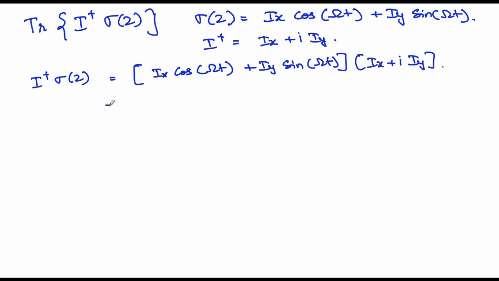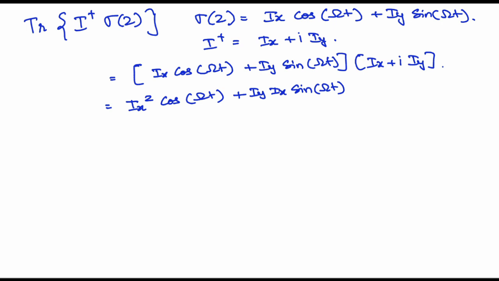So if you carefully take a product, you're going to get Ix square cos of capital omega t plus Iy Ix sine omega t. Be careful about the order of operators. I guess I'm confusing here, so let me be very careful what I write. Sigma 2 times I plus is equal to the trace of sigma 2 times I plus.